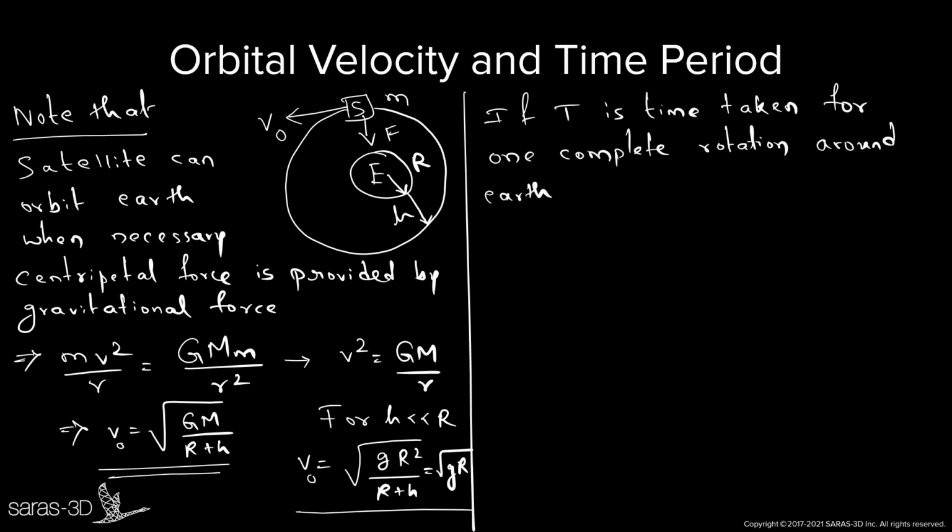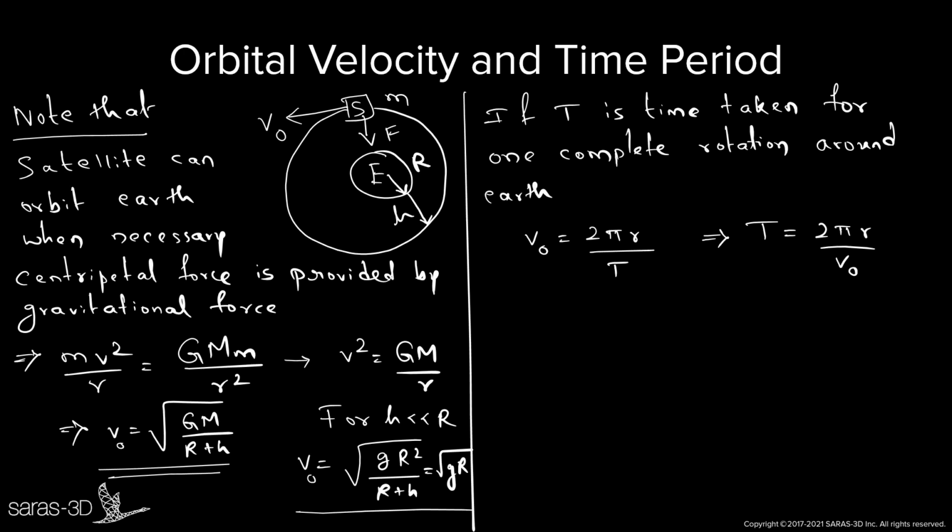Now we will derive the time period. What is time period? It is the time taken for one complete rotation of the satellite around the Earth. It is simply the circumference divided by velocity, because velocity is distance traveled divided by time taken, and therefore time taken is distance traveled divided by velocity. So we have 2 pi r divided by orbital velocity.